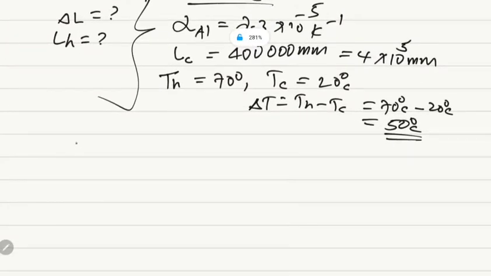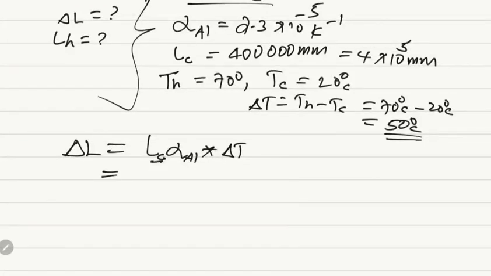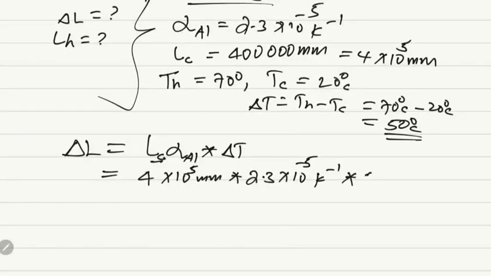Okay, the formula for change in length is equal to the length at the colder temperature times the coefficient of linear expansion of the material, aluminium, times the change in temperature. Now let's substitute. The length at the colder temperature is 4 times 10 to the power of 5 millimeter, times aluminium's 2.3 times 10 to the power of minus 5 K to the power of minus 1, times the change in temperature, 50 degrees Celsius.